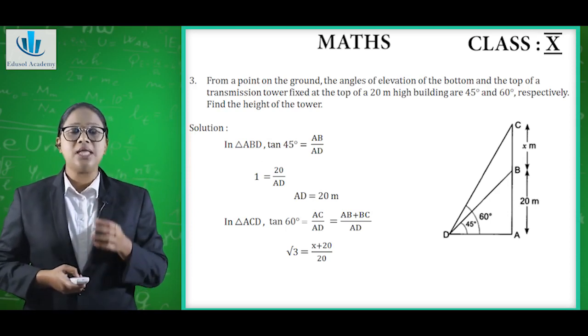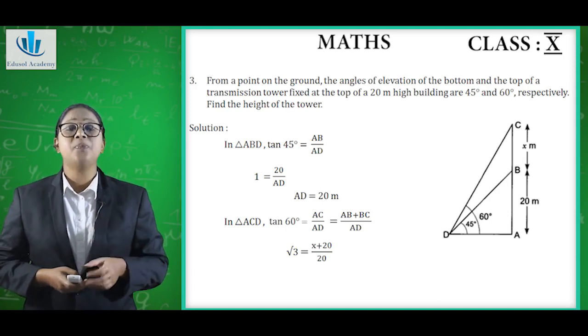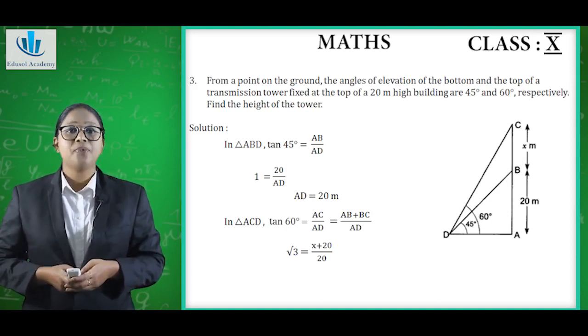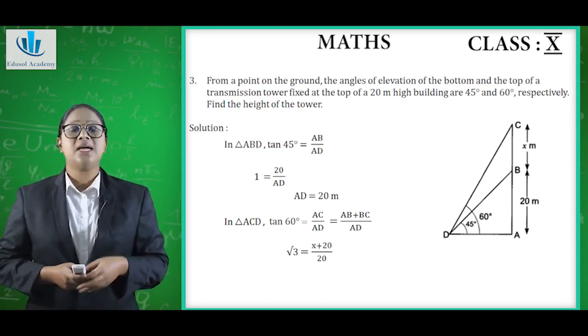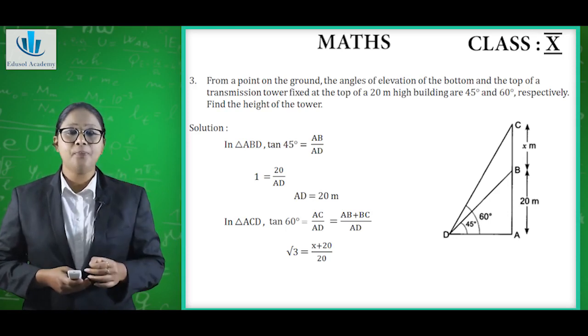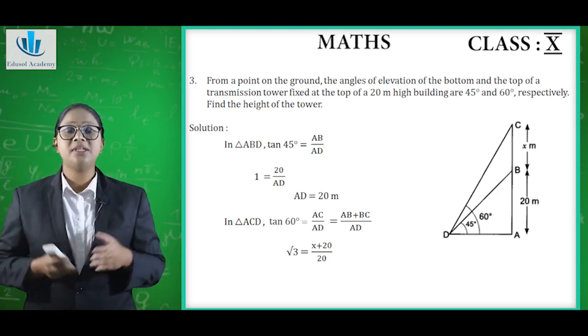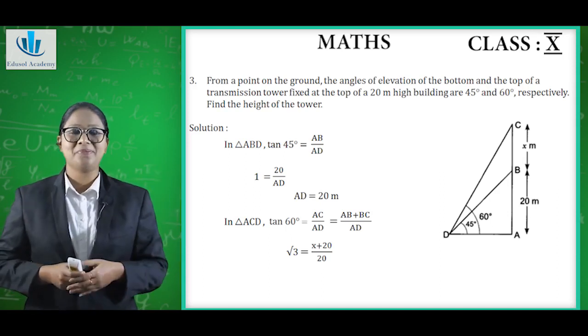So we have taken the height as X. Now in triangle ABD, tan 45 is equal to AB by AD. 1 is equal to AB is the height of the building, that is 20 by AD, or AD is equal to 20 meter. That means a gap between the observer and the building and the tower, whatever.